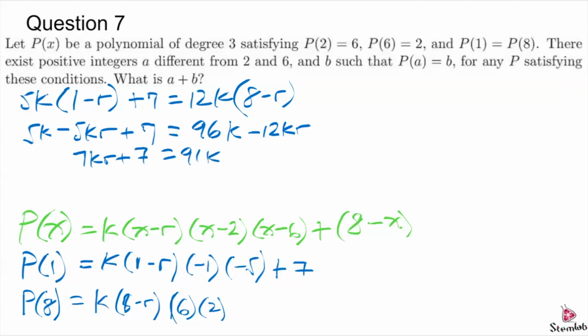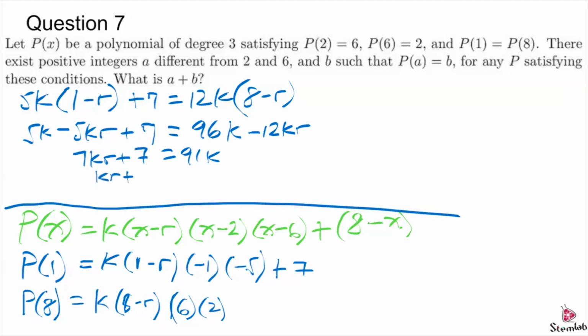Okay, and dividing the whole thing by 7, we end up with KR plus 1 equals 13K. Just writing it slightly cleaner, 1 equals 13K minus KR. I'm going to write it here in the upper right because we will use it in a bit. K can be written simply as 1 over 13 minus r.